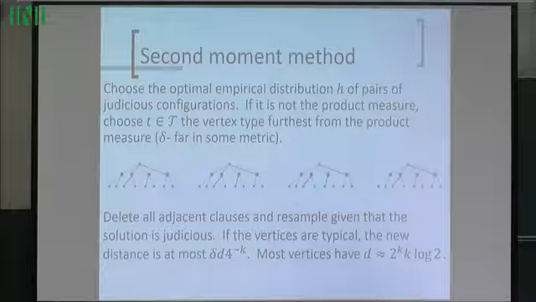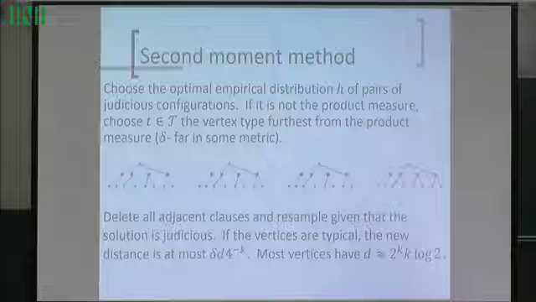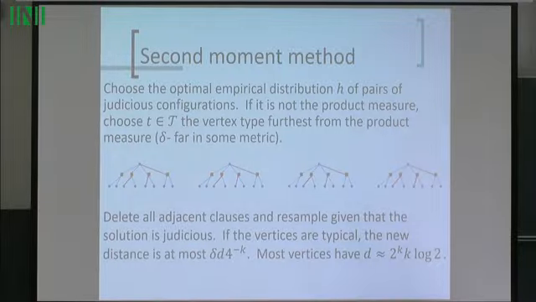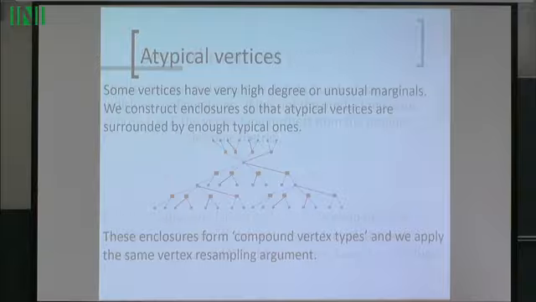Okay, so this would work well if all of the vertices were typical. But there will be some vertices in the graph that have degree bigger than 4 to the k, and this procedure wouldn't work with them. And we can't just delete those very rare vertices, because doing so would shift the threshold a little bit. We can't afford to do that. So we have to deal with the atypical vertices.